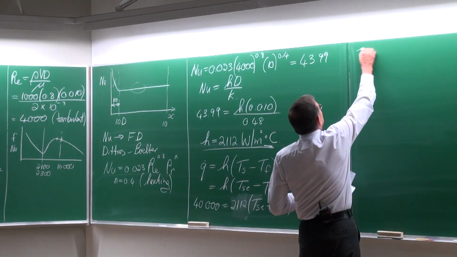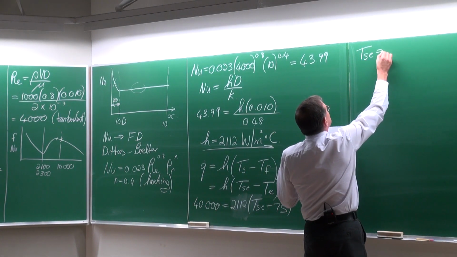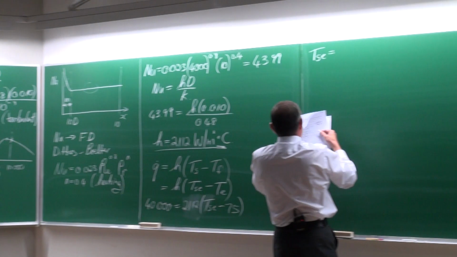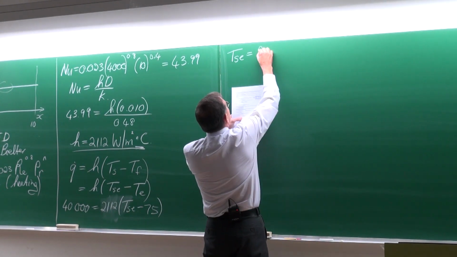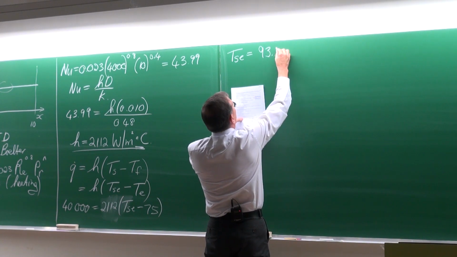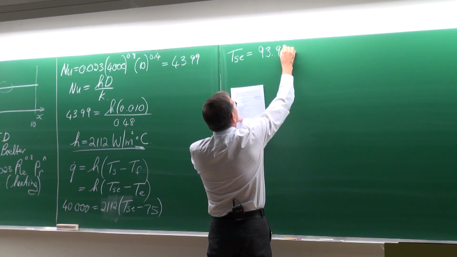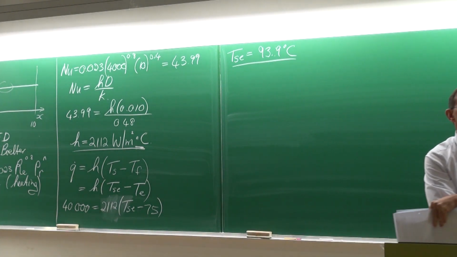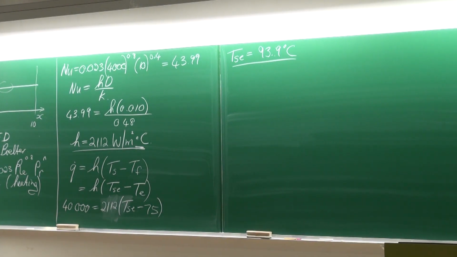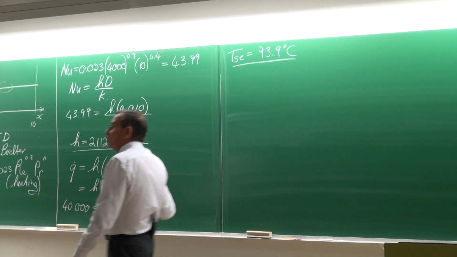So from this we can determine that the surface temperature at the outlet is equal to 93.9 degrees Celsius. Okay? Right, that was the second part of the problem.